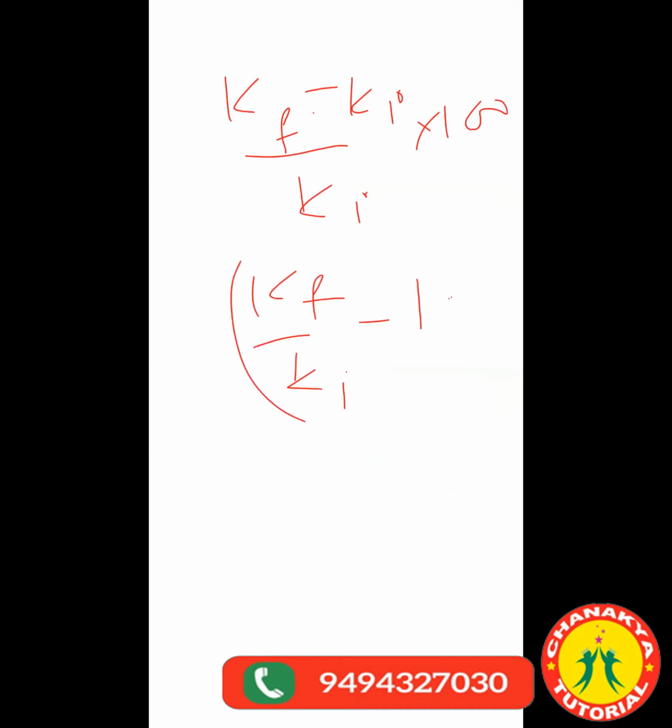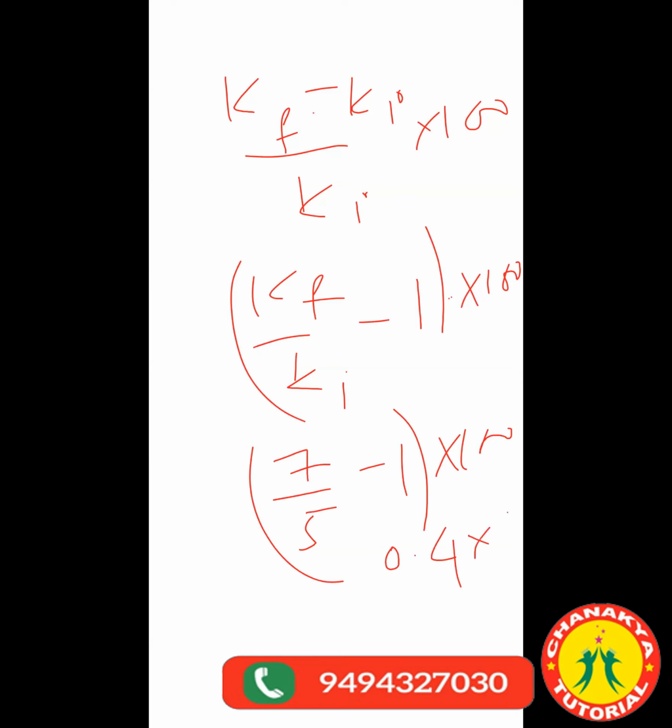Now we want K final minus K initial divided by K initial into 100, so K final by K initial minus 1, into 100. That is 7 by 5 minus 1, into 100. So it is 2 by 5, which is 0.4 into 100. So you are getting around 40.